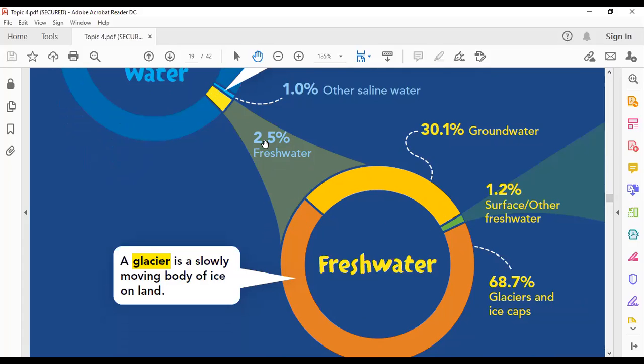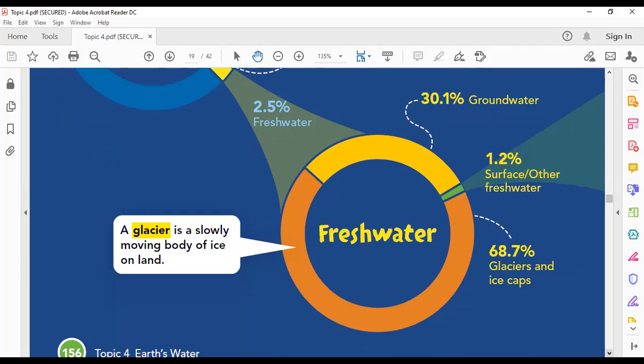Most of Earth's fresh water is found in the glaciers. Glaciers are slowly moving bodies of ice on land. Glaciers are huge sheets of ice, moving very slowly.